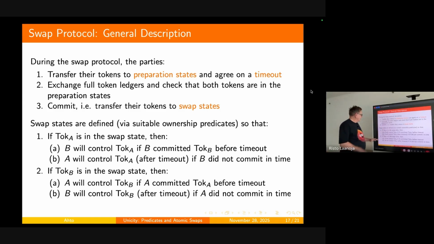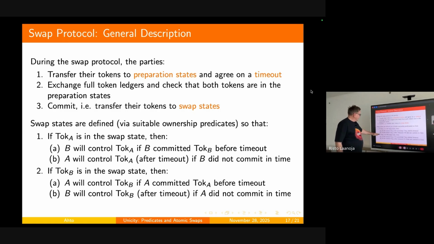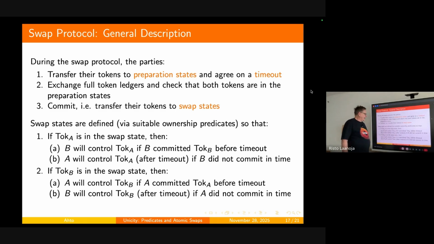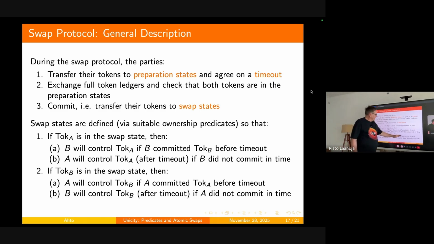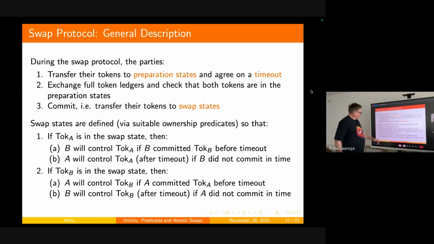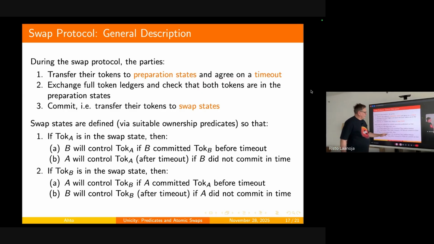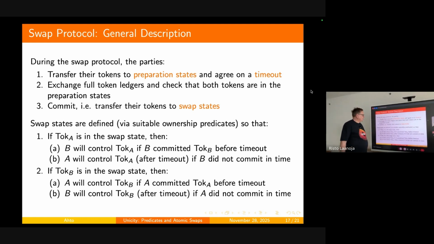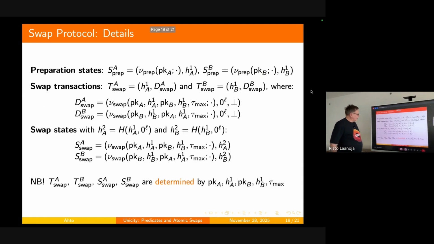And vice versa. If token B is in the swap state, then A will control token B if A committed token A properly before the timeout. And B will control token B if A did not commit in time or did not commit at all.